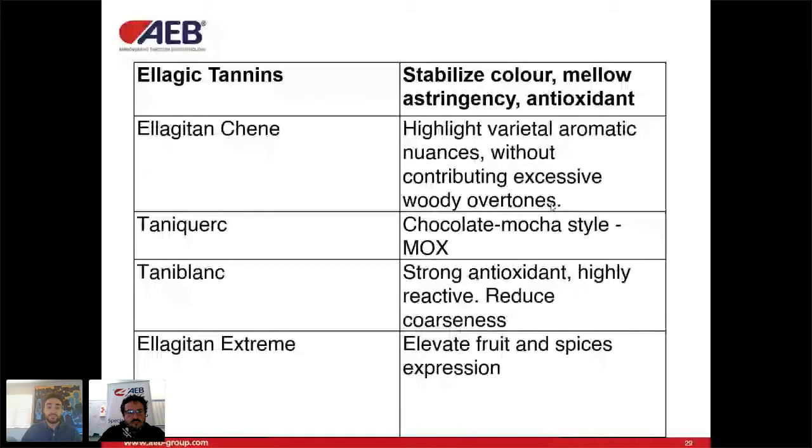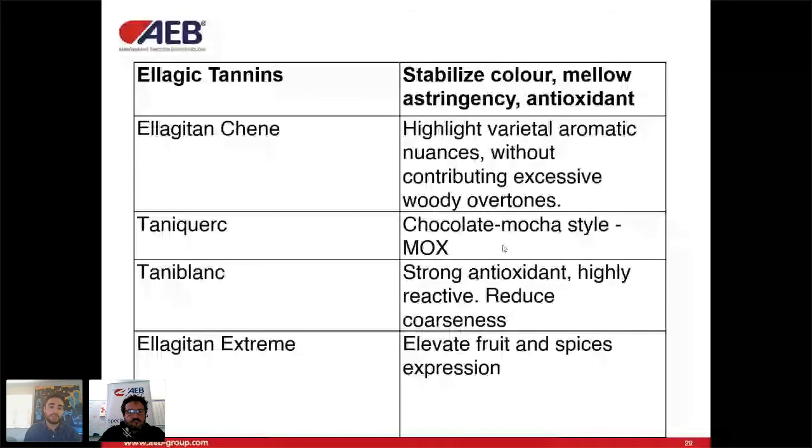The Ellagic Extreme instead protects from the oxidation and reduces the structure, the harshness of the green tannins that you can have at the end of fermentation or at the end of extended maceration, giving to the wine also some spice expression, while the Tanniker and Tanni Blanc are very antioxidant, and the Tanniker is especially for giving this chocolate sensation, and is also very recommended to use with micro oxygenation.